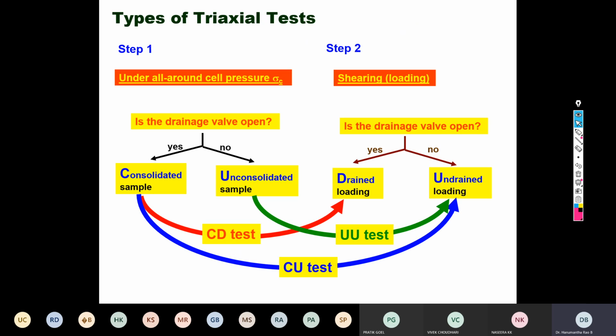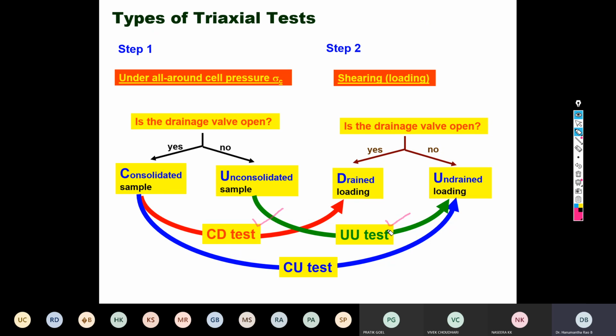So these are the three varieties of tests normally conducted in triaxial testing. Among these, when you conduct the unconsolidated undrained test, the parameters that you get are called undrained parameters. Completely opposite to UU is consolidated drained. The sample is completely drained because you are opening the valve during the consolidation phase and during the shearing phase.